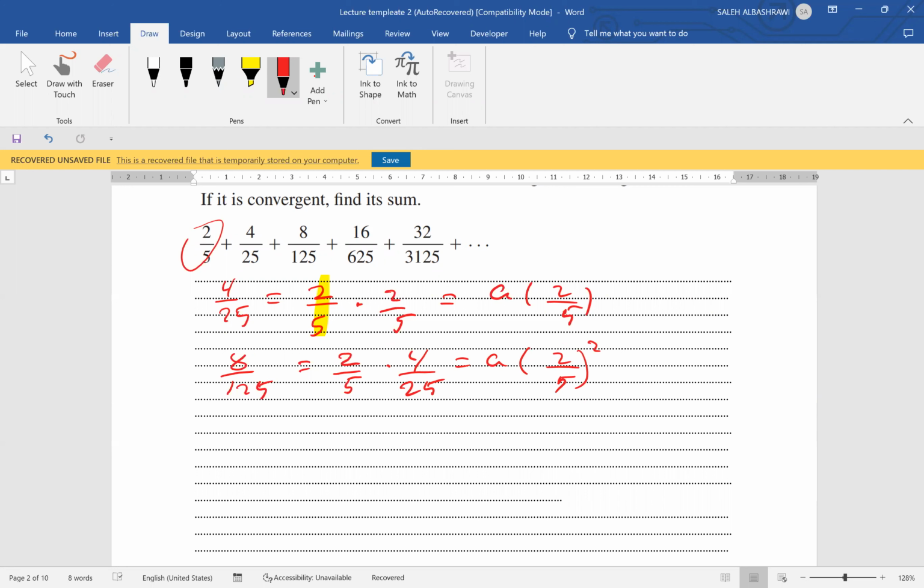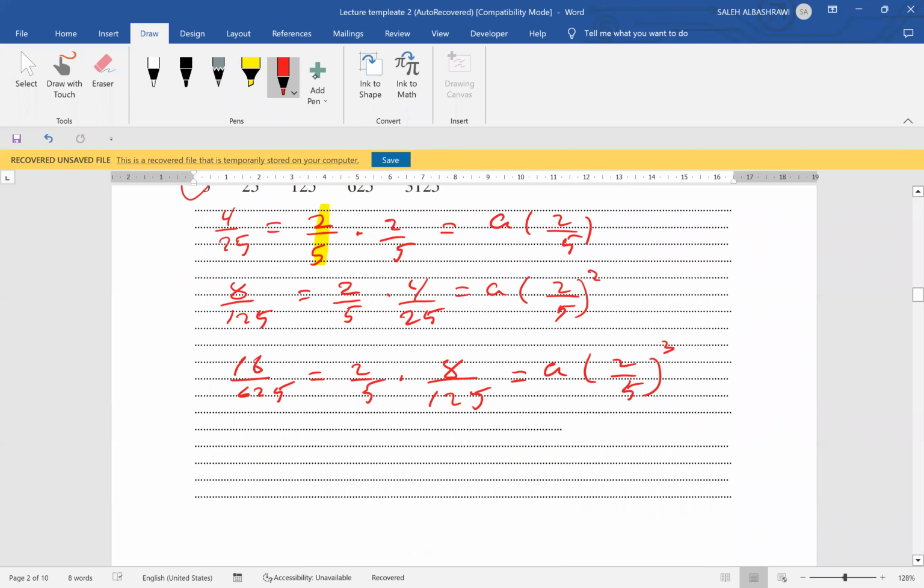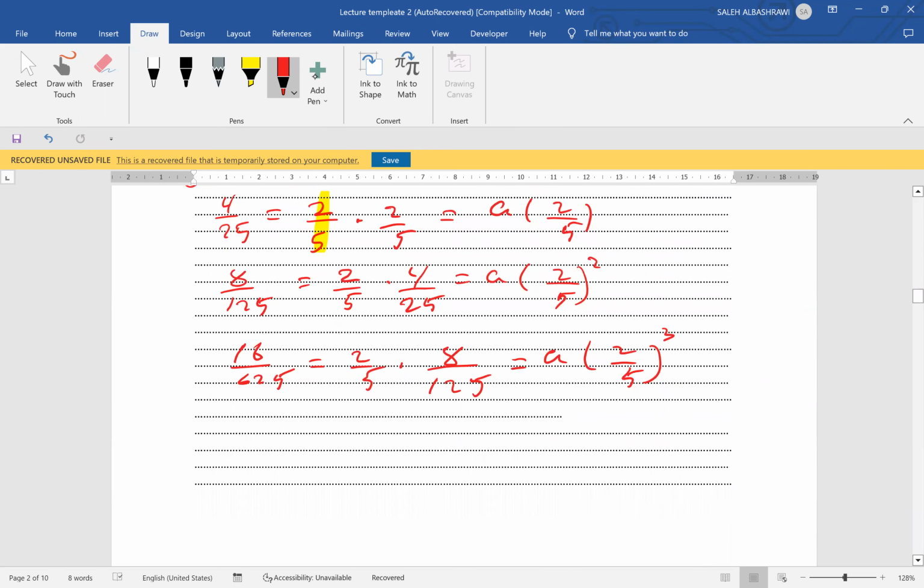For the fourth term, 16 over 625, this is 2 over 5 multiplied by 8 over 125, which is equal to A times 2 over 5 to the power 3. This means the series is geometric.